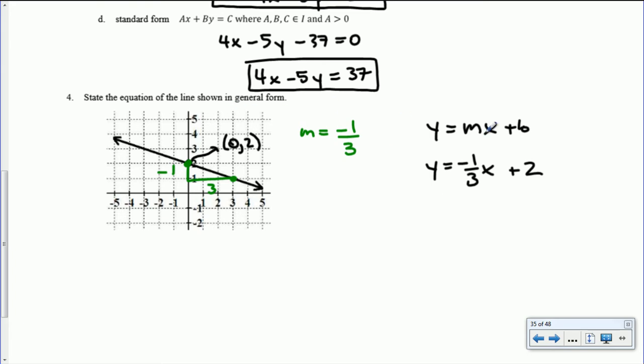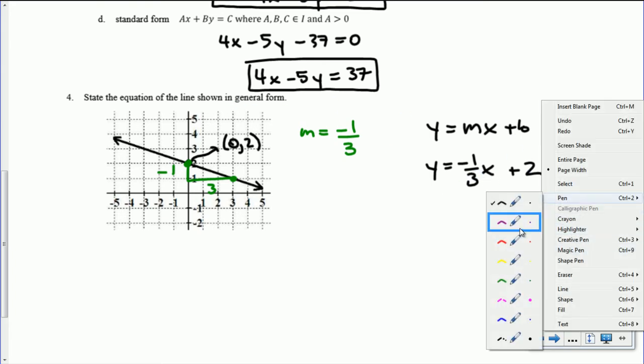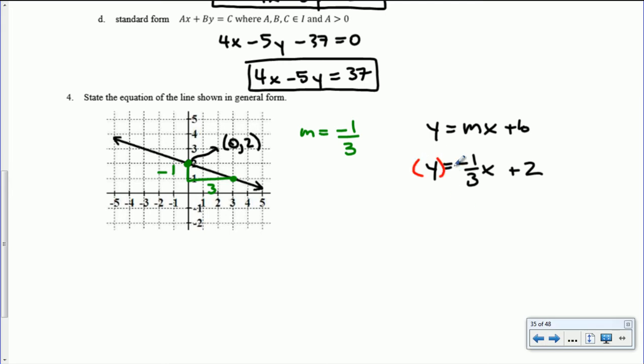And then we got to get it into general form, so I need to get rid of this denominator. So a quick way to do that, I can multiply both sides by what? 3. So then we get 3y on the left equals 3 times negative 1/3 is just negative 1, negative x. 3 times 2 is 6.